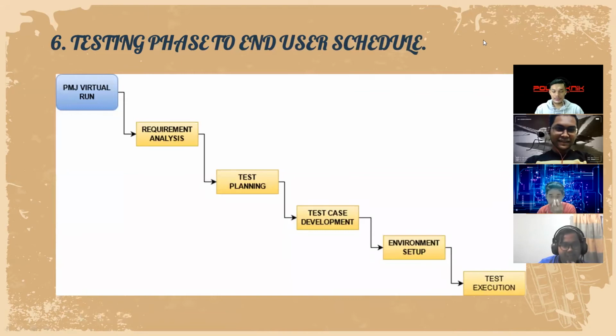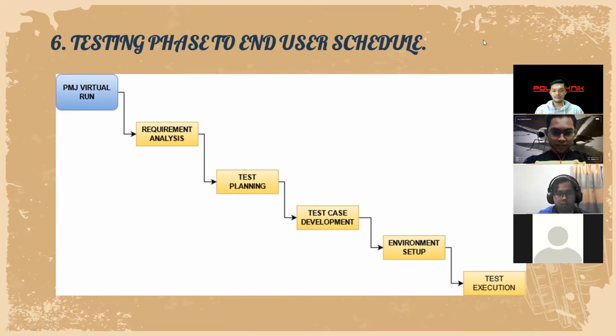Next. Number 6 is the testing phase to end user schedule. First of all, we have the PMJ virtual run, and then we go to requirement analysis. After requirement analysis, we go to test planning, and then test case development.